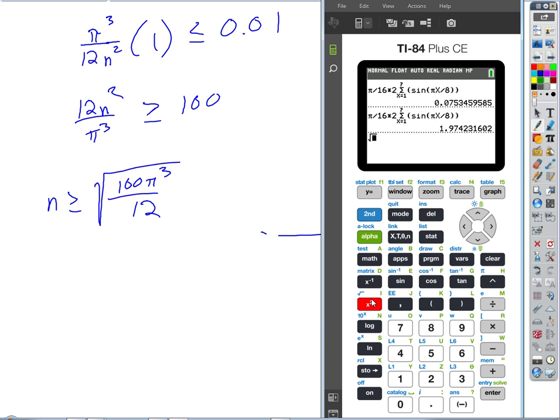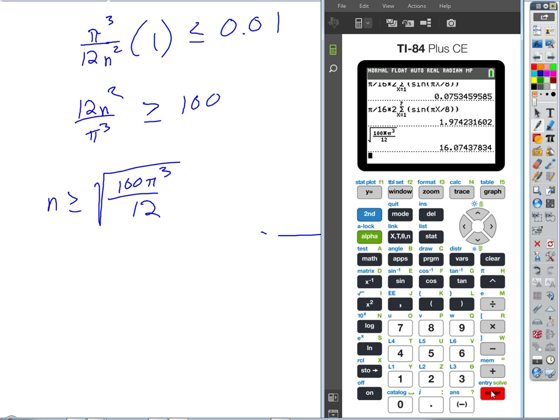Square root of 100 times pi cubed divided by 12. Okay, so the answer is 16.07.